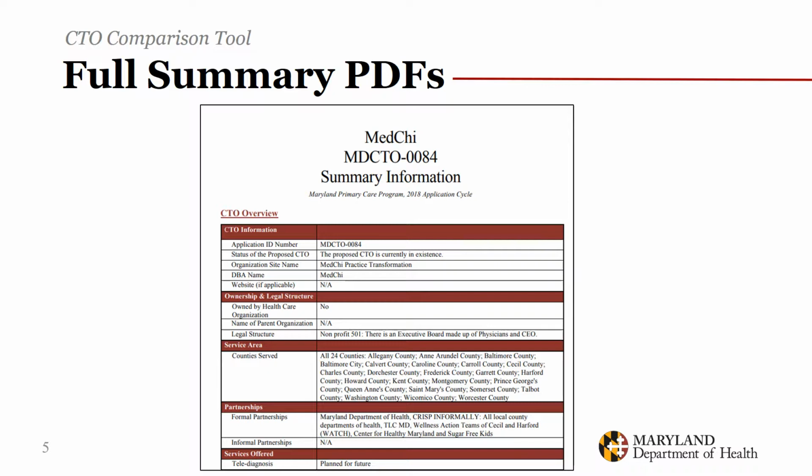On the second page of each PDF will be a staffing table that'll list what kinds of staff they have and what other staff they might plan to add in the future if they plan to scale up. And the last two pages of each PDF will be narrative essays in which the CTO describes their vision and their approach to care transformation. So you can really get a sense of the CTO's goals and see if they align with what you're hoping to get out of your partnership.